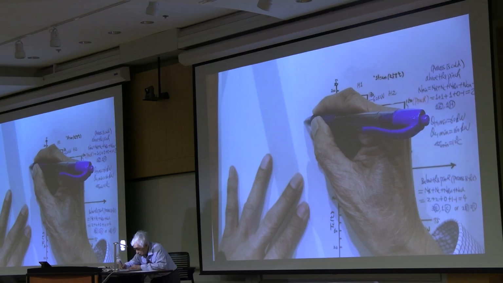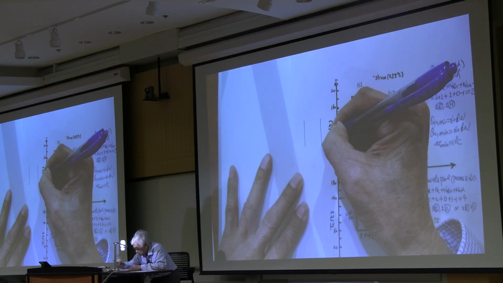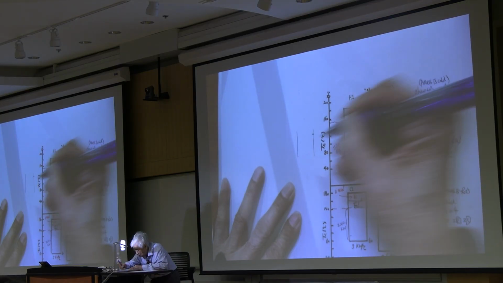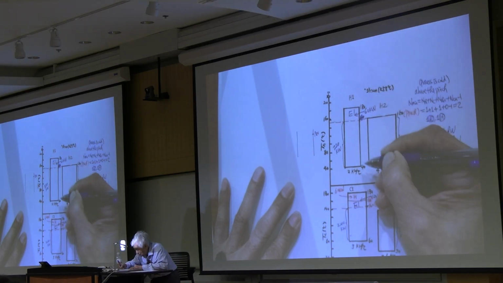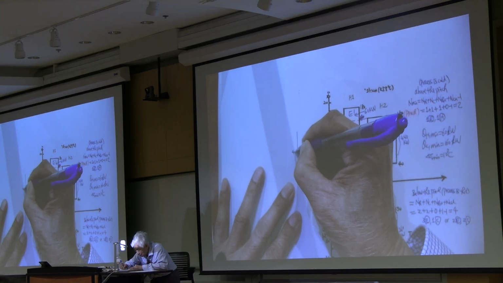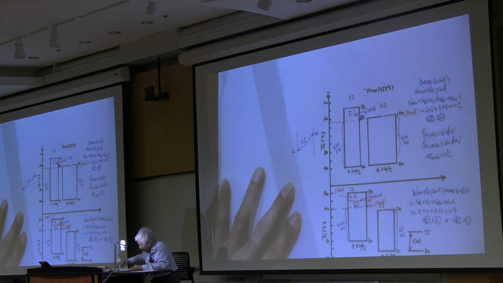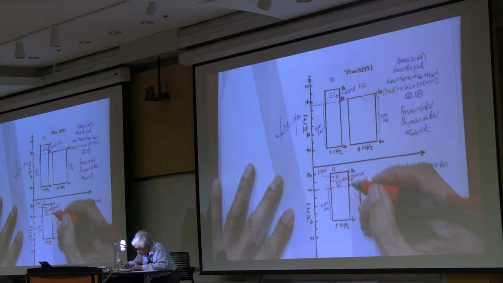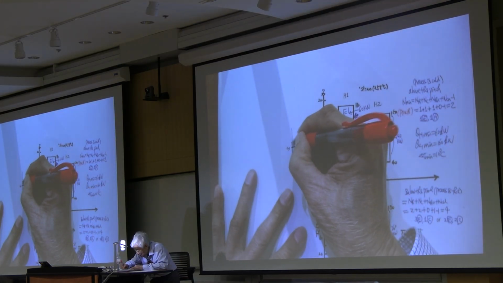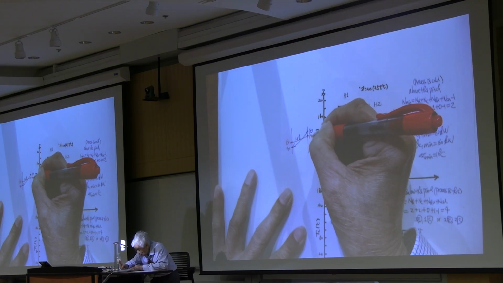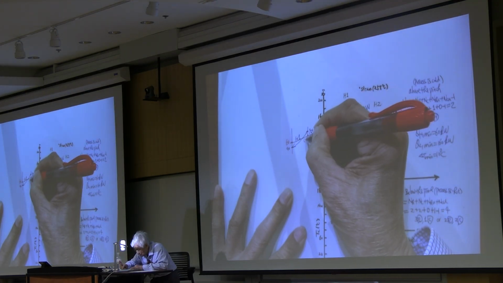You draw a temperature profile, 150 to 40, that is your H1. 60 to 140, that is your C1.